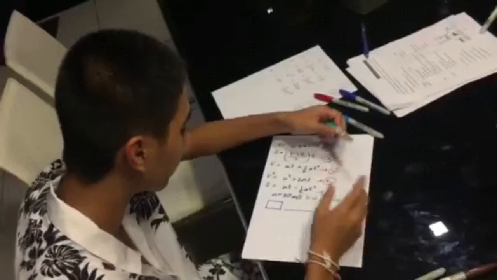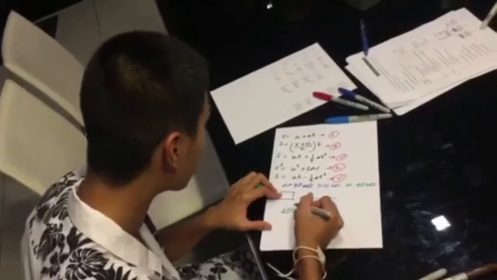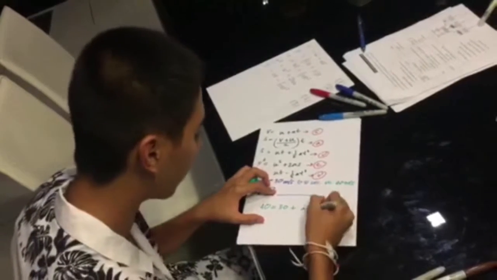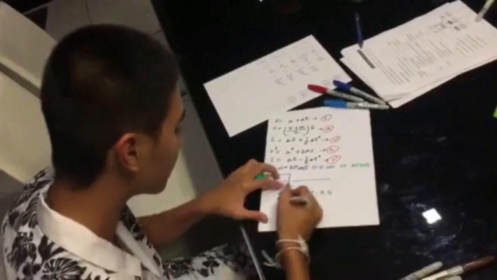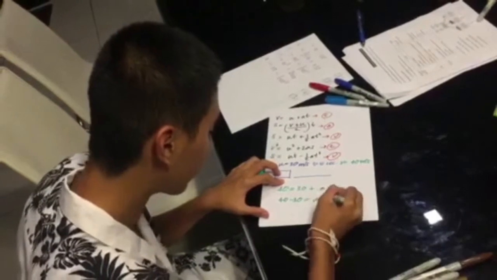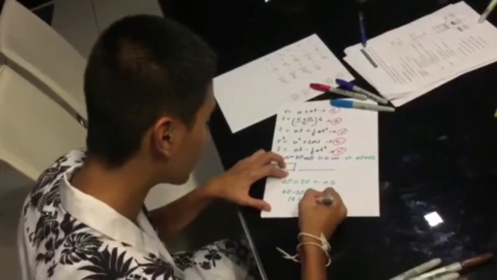So if we want to find the acceleration, we can plug this into 40 is equal to 30 plus a, which we don't know, times 5. We move this one over, 10 equal to a times 5. 10 equals 5a. a is equal to 2.